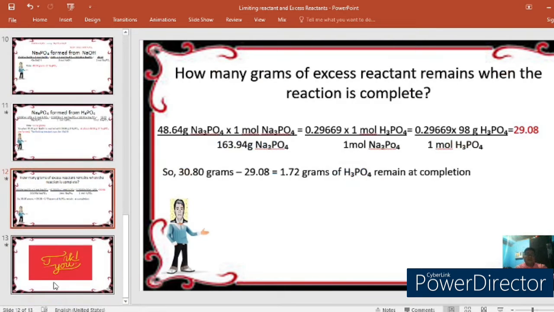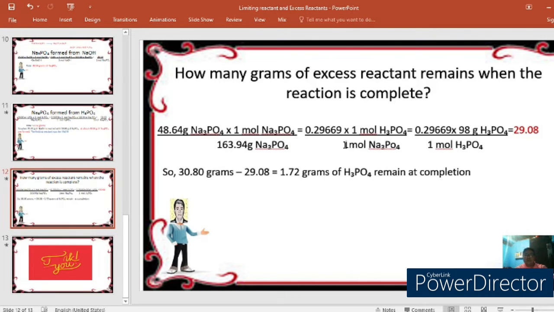Alright, so how many grams of excess reactant remains when the reaction is complete? This time we have to compute the excess reactant, the excess phosphoric acid. 48.64 grams sodium phosphate times 1 mole sodium phosphate divided by 163.94 grams of sodium phosphate equals 0.29669.